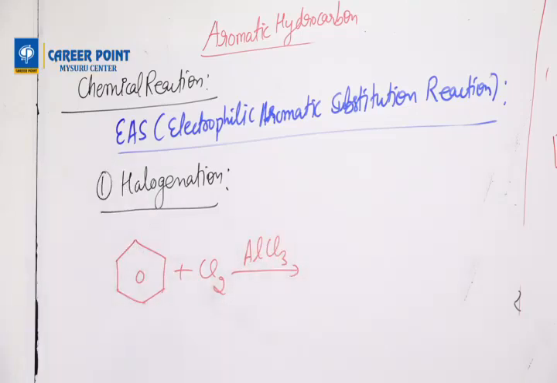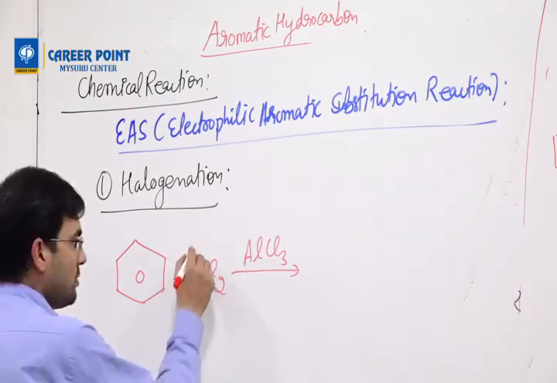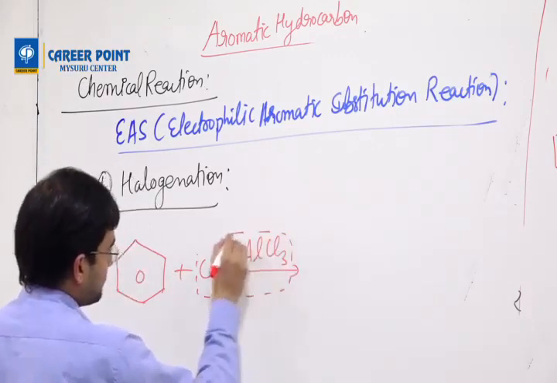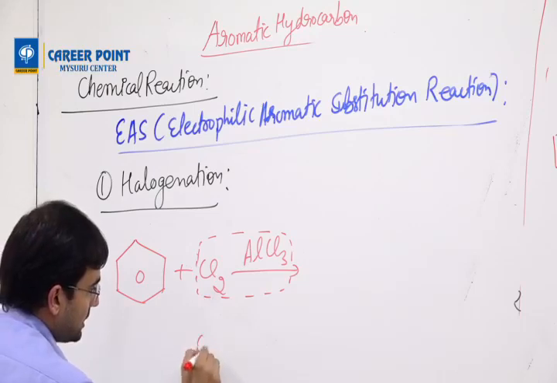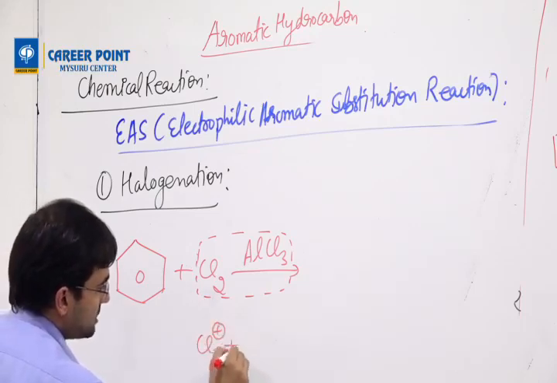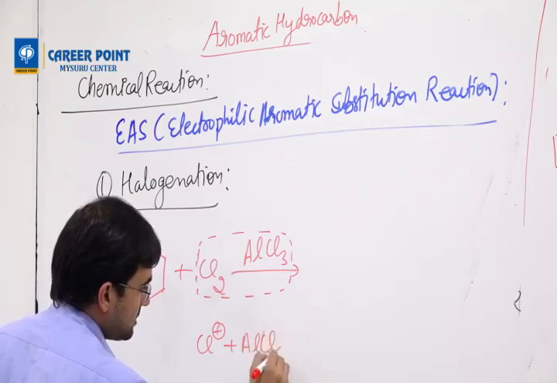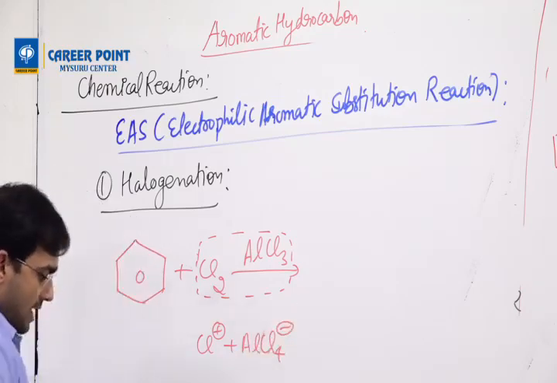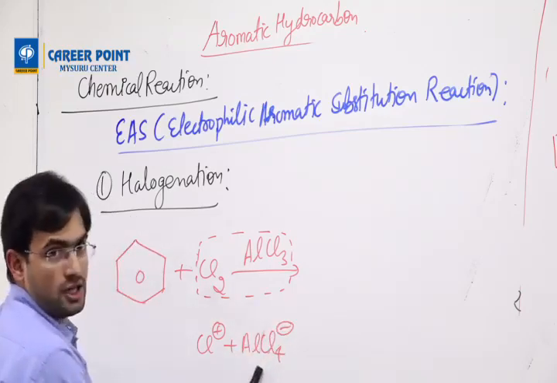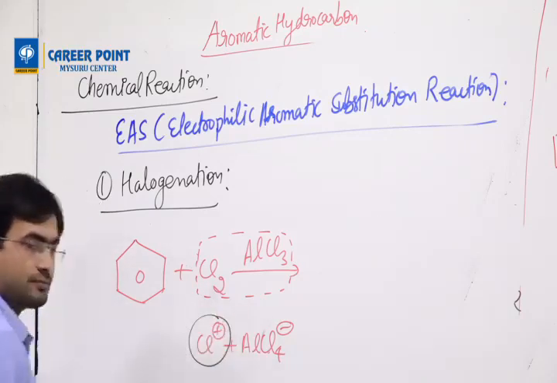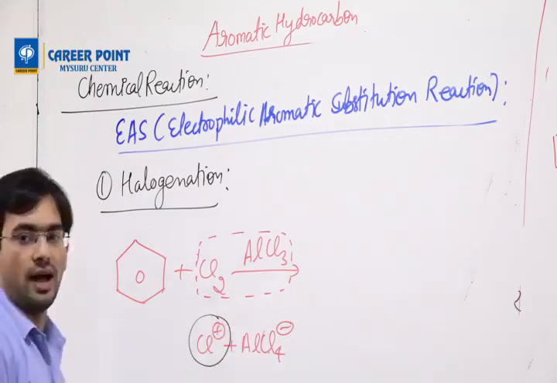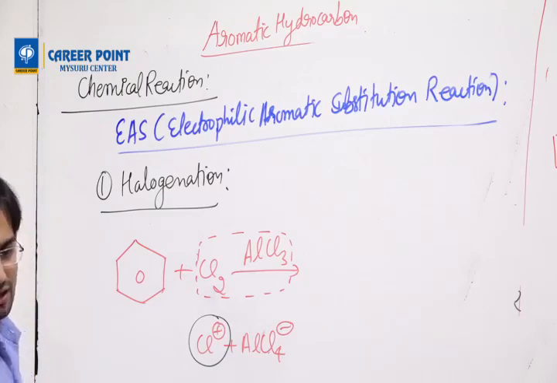Whenever you have this combination, it creates Cl plus and AlCl4 minus. And this is not of your importance. Importance is this. This is an electrophile.